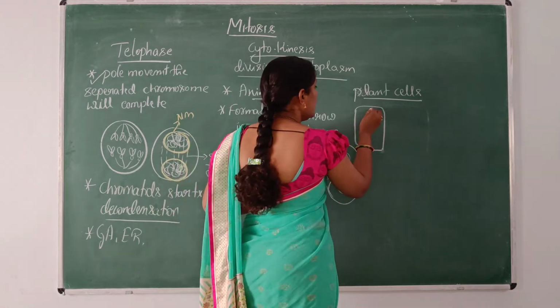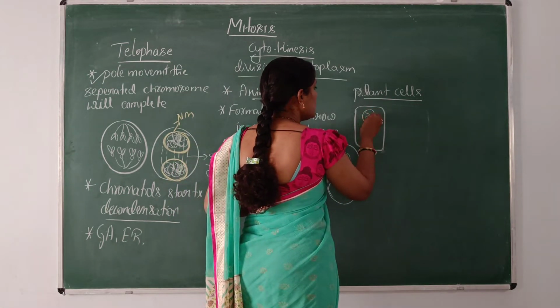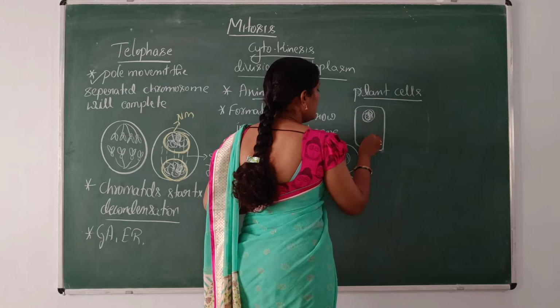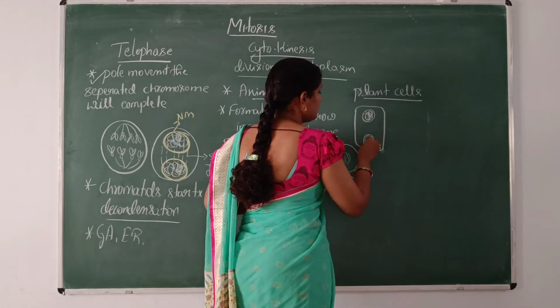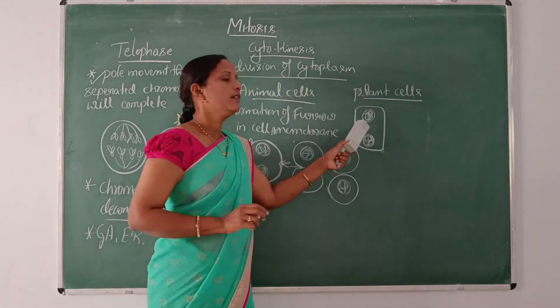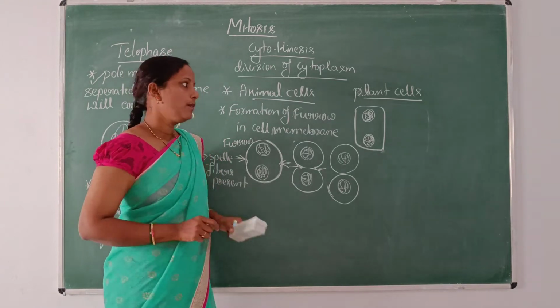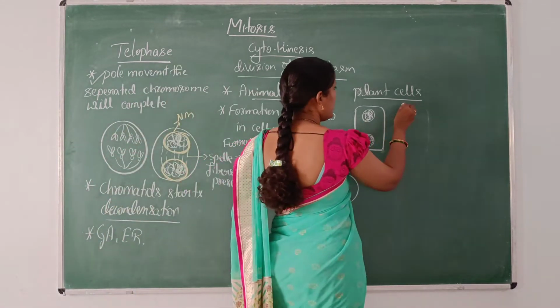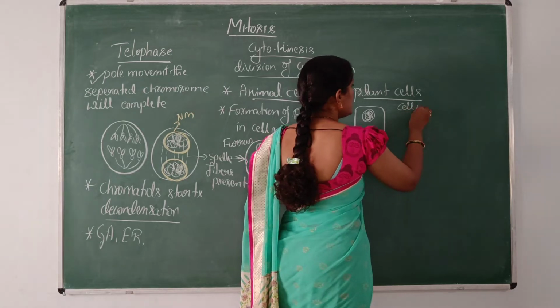So here is one nucleus, which means it has completed its karyokinesis. Here the division of cytoplasm will take place by the formation of a cell plate.